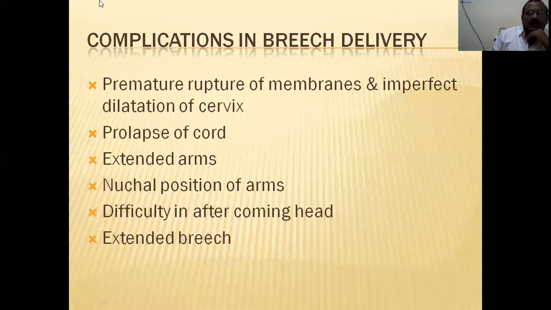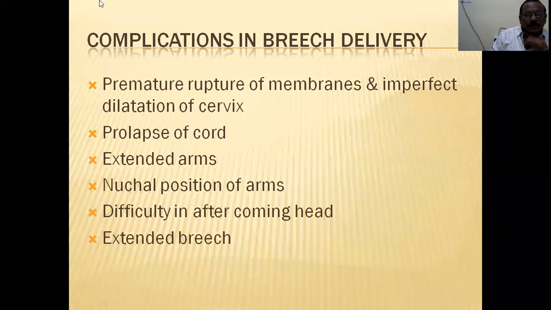What are the complications in breech delivery? In breech delivery, premature rupture of the membranes and imperfect dilatation of the cervix. Premature rupture of the membranes mostly occurs in a complete breech presentation, where the buttocks don't fit into the pelvis properly, and prolapse of the cord.